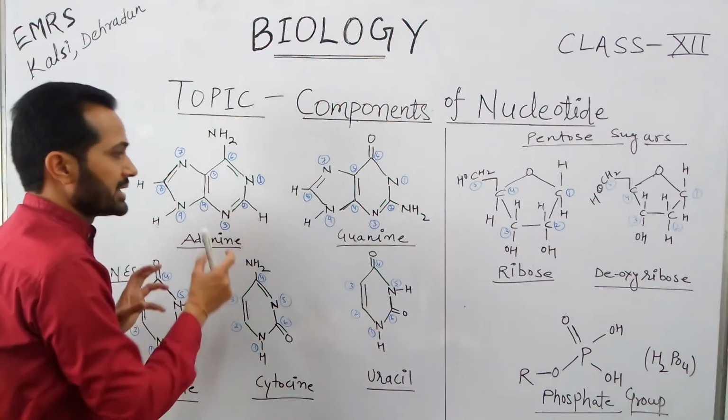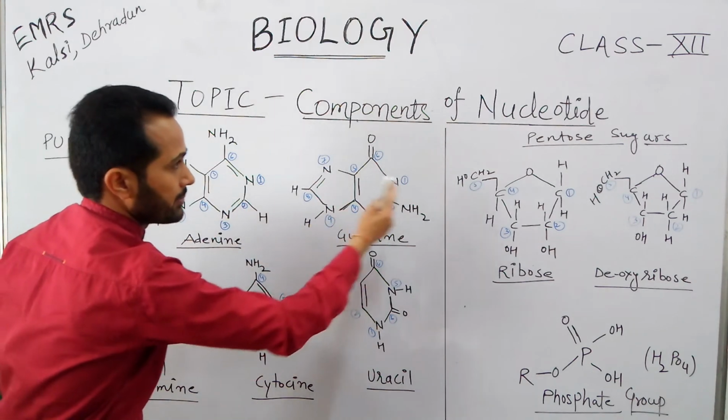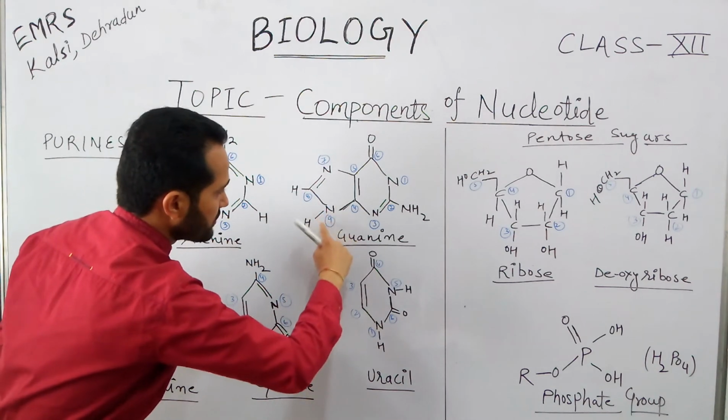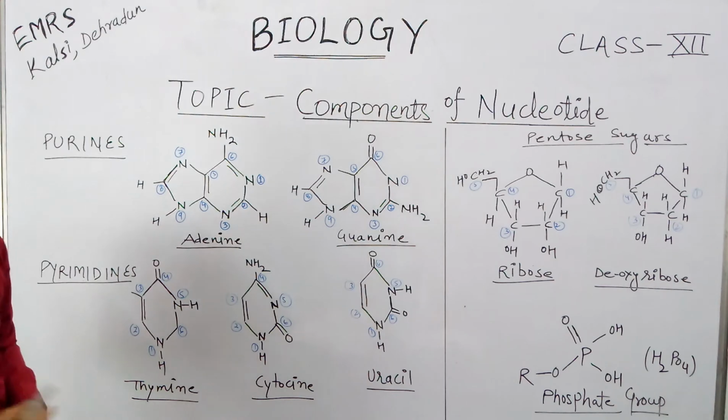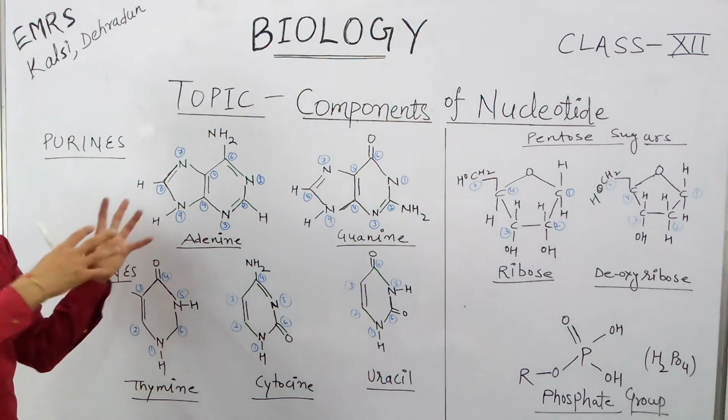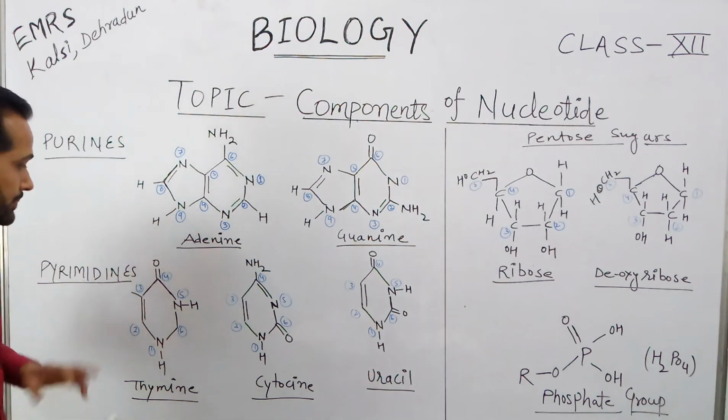So pentose sugar, ribose or deoxyribose, has its first carbon added to the nitrogen at the ninth position. That's why numbering is very important. We will study it in detail in the polynucleotide structure.